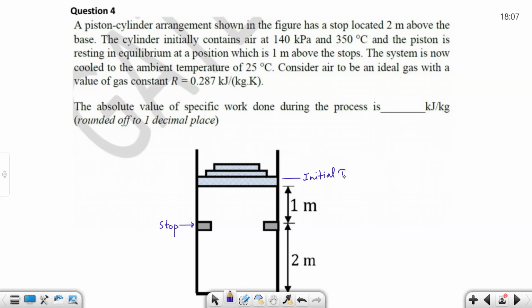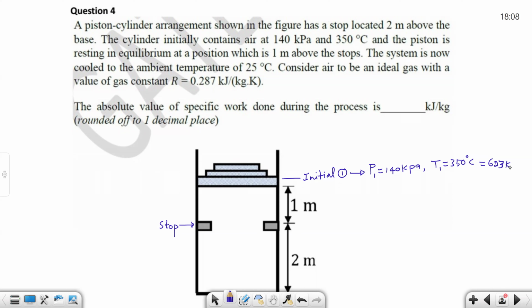At this initial position, the pressure P1 is 140 kPa and temperature T1 is 350 degrees centigrade. If you write in Kelvin, plus 273, 623 Kelvin. So this is the initial position.